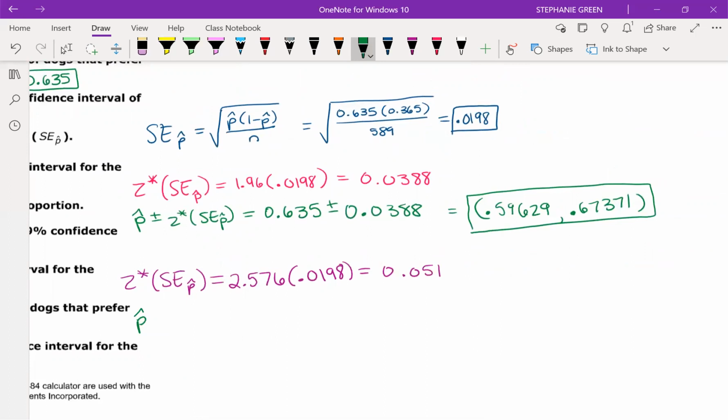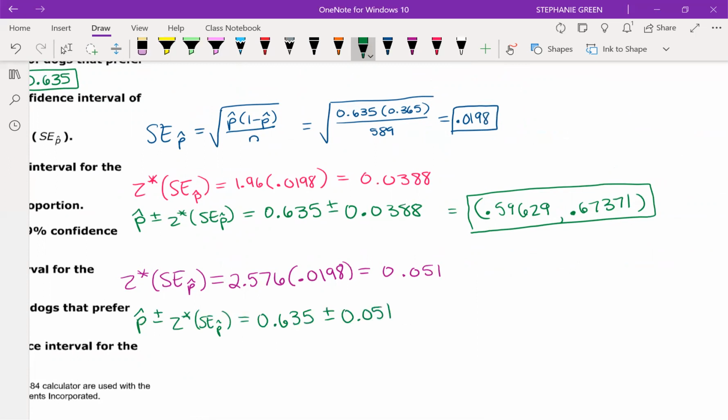It's still p hat plus or minus my z star times the standard error of p hat, just like it always is. But now my p hat is unchanged, but my margin of error is changed. We calculated that above in purple.